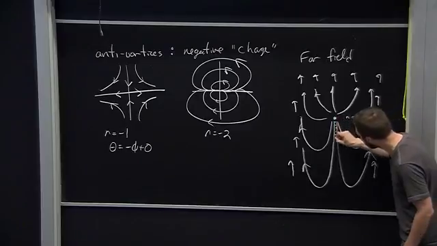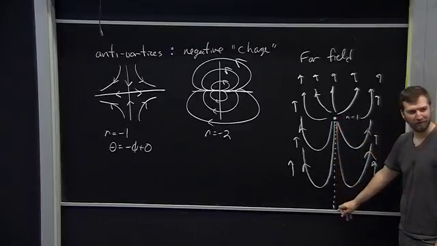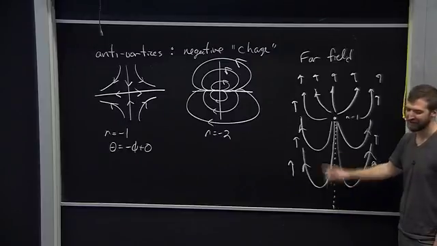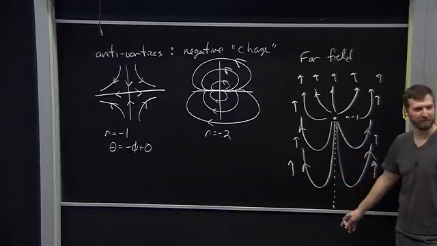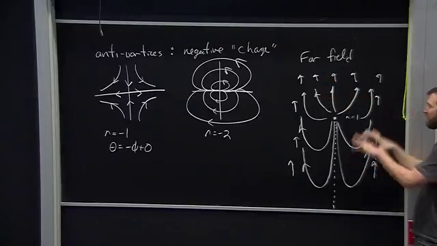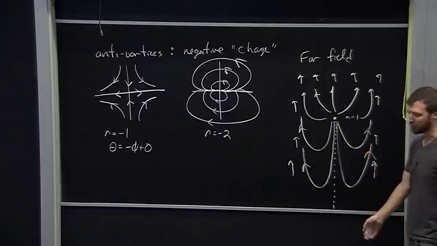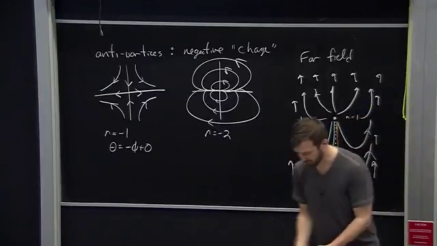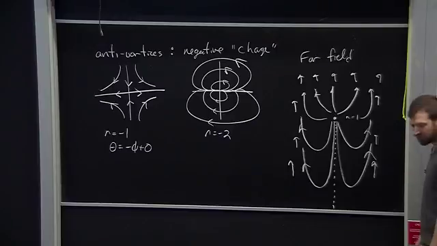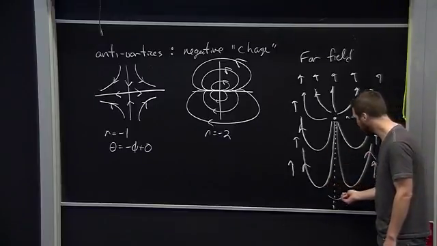You'll always have a singular field defect that goes out to infinity for a single vortex. So you can't take that n equals 1 and just put it in a background ferromagnet without this single defect line, if you will. And there's a discontinuity there. So here you'd have theta of 2 pi and 0, and there'd be some discontinuity.